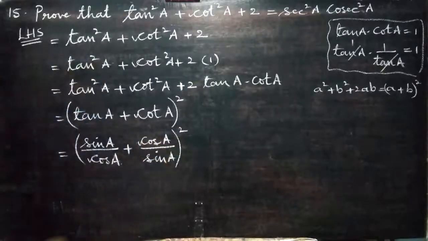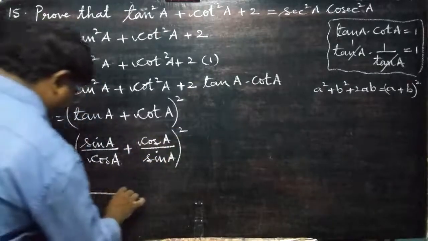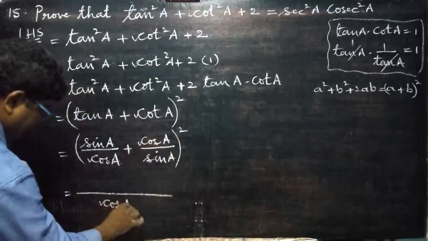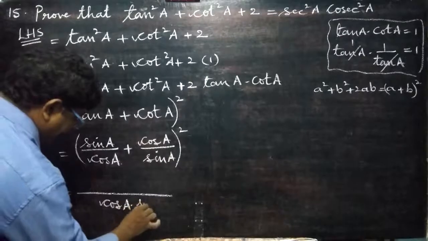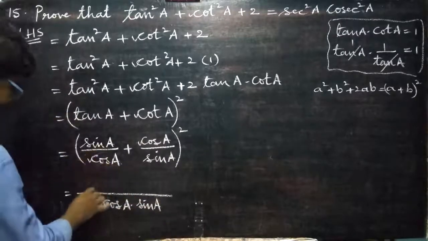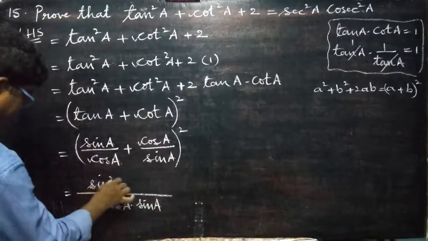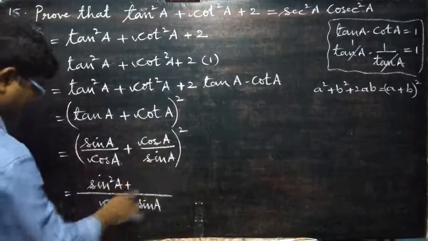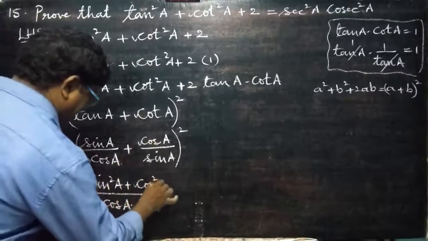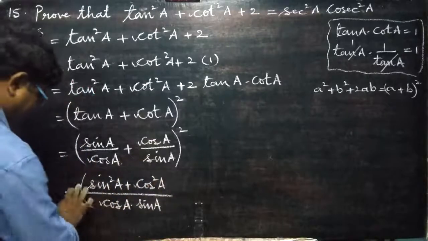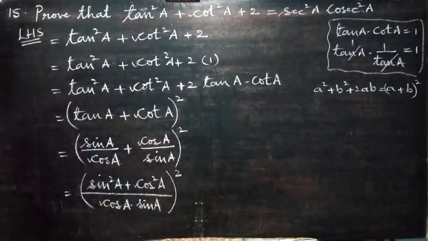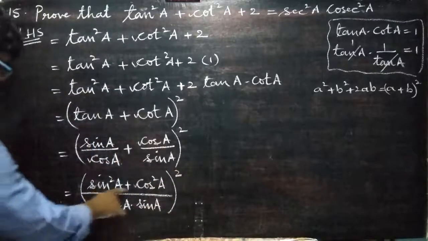Sometimes we will forget. Now addition or subtraction of fractions, method of LCM: cos A into sin A. Cos A goes how many times with sin A? Sin A into sin A, sin square A, plus sin A goes how many times? Cos A times. Cos A into cos A, cos square A. So sin square A plus cos square A by cos A into sin A, whole square. Now this is an identity.